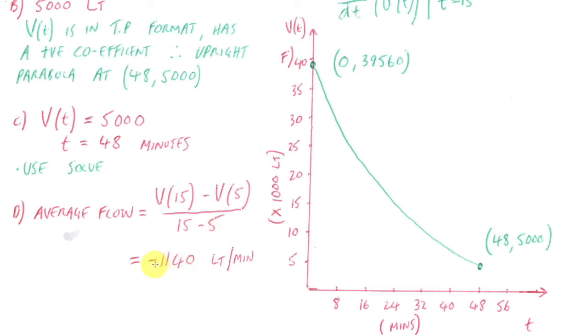So that there just put into your CAS, and remember V of t is already defined, and that produces negative 1,140 litres per minute. So that represents how many litres we are losing every minute that goes by. That's the average loss of water between the 5 and 15 minute marks.